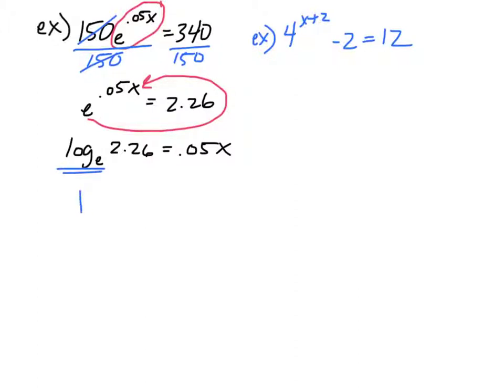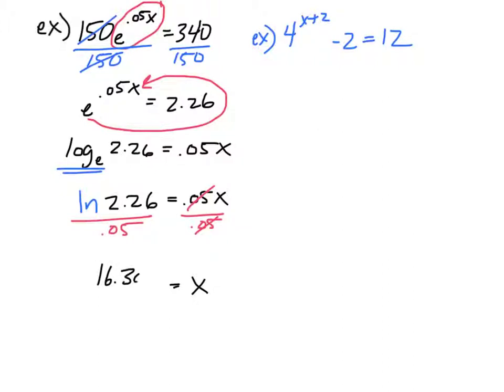That's just the natural log. So I end up with the natural log of 2.26, which my calculator will tell me, equals 0.05x. So the next step, I'm just going to go ahead and divide by 0.05. Okay, so x is equal to the natural log of 2.26 divided by 0.05, which is about 16.307.